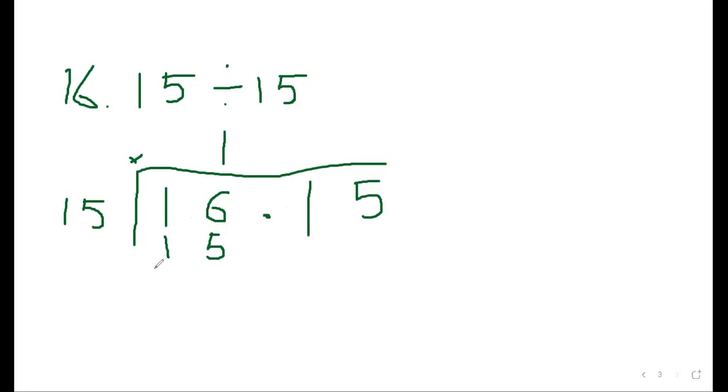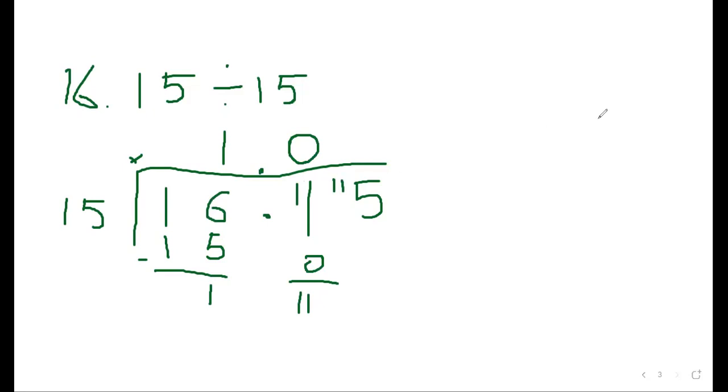Then I need to subtract, which is 1. Then I'm going to put 1 there. So 11 divided by 15, it cannot be. So I'm going to put 0 there. So I'll put 11 here.